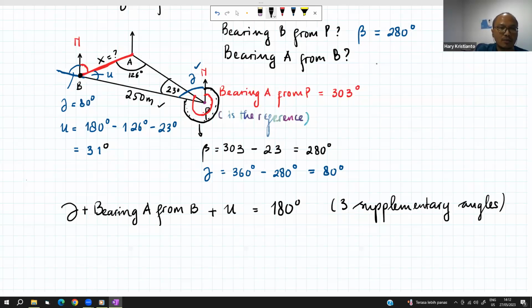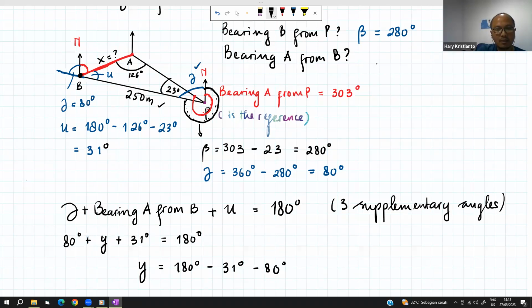Okay, so gamma is 80 degrees, bearing A from B is us, let me call it angle Y, plus U, which is known, 31 degrees, equals 180 degrees, meaning Y equals 180 degrees minus 31 minus 80 degrees, which equals 69 degrees.